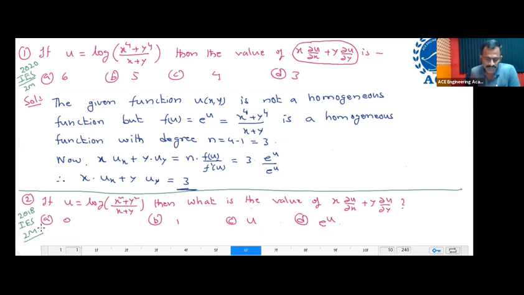Now we can tell the answer for this directly. Most of them are saying 1, right? That is option B. Correct, it is the correct answer. Like this, we will get simple questions.